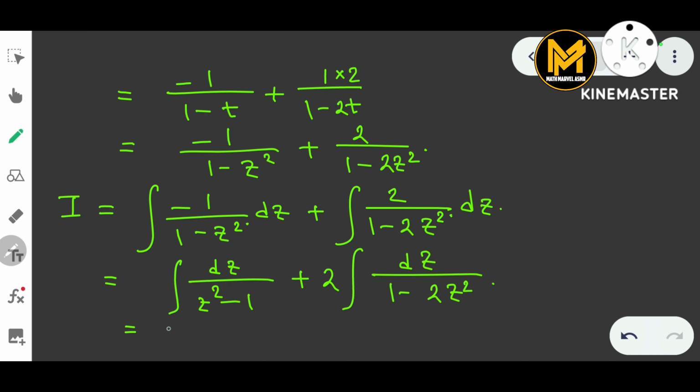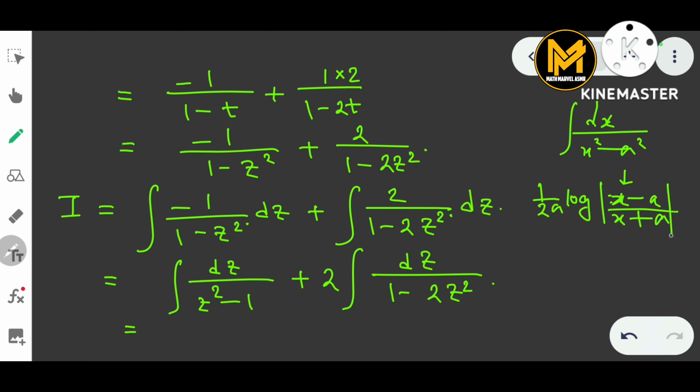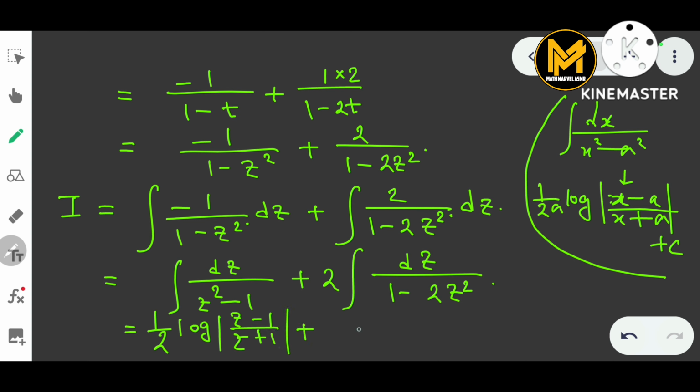According to the formula, it will follow integration of dx divided by x square minus a square. The formula is 1 by 2a log mod x minus a divided by x plus a plus c. This is the formula. So we will put it here. So 1 by 2, a is 1, so 1 by 2 log mod z minus 1 by z plus 1 plus of.